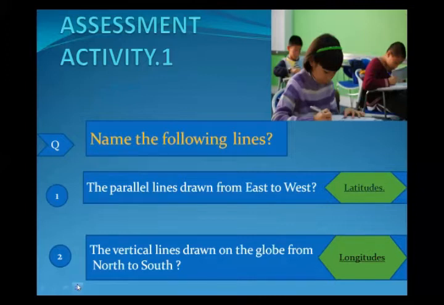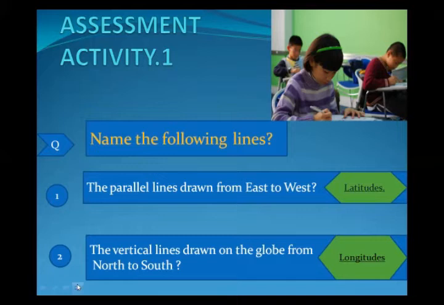Now we will move towards the assessment activities, and the first assessment activity is regarding the identification of the important lines of latitude with the reference to the equator. And the first statement is the parallel lines drawn from east to west.